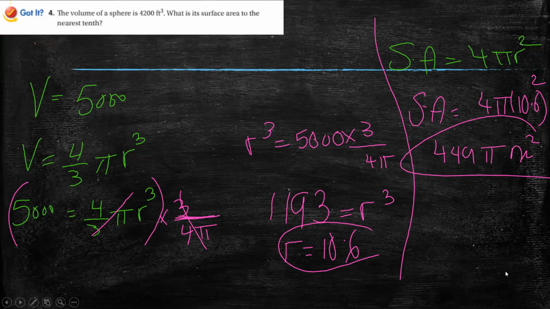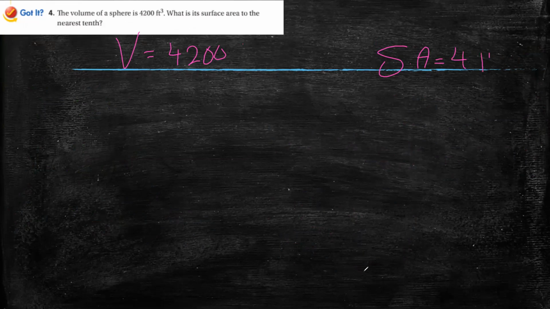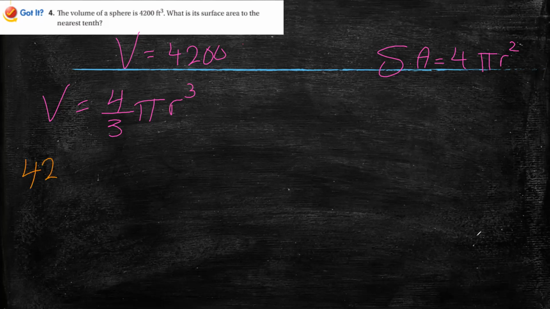Okay, now let's come back to this one here. They told me that the volume is 4,200. Let's find the surface area. Now, the surface area is 4 pi r squared. The volume is 4 over 3 pi r cubed. So 4,200 is 4 over 3 pi r cubed.